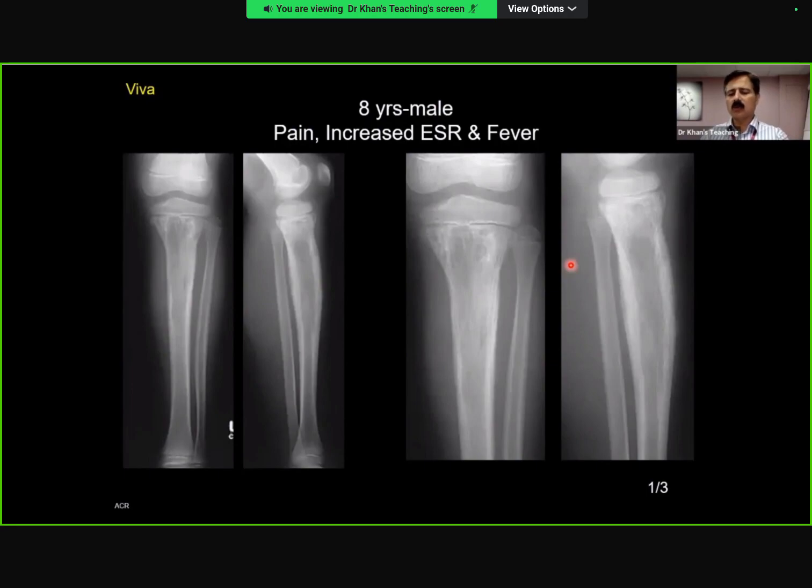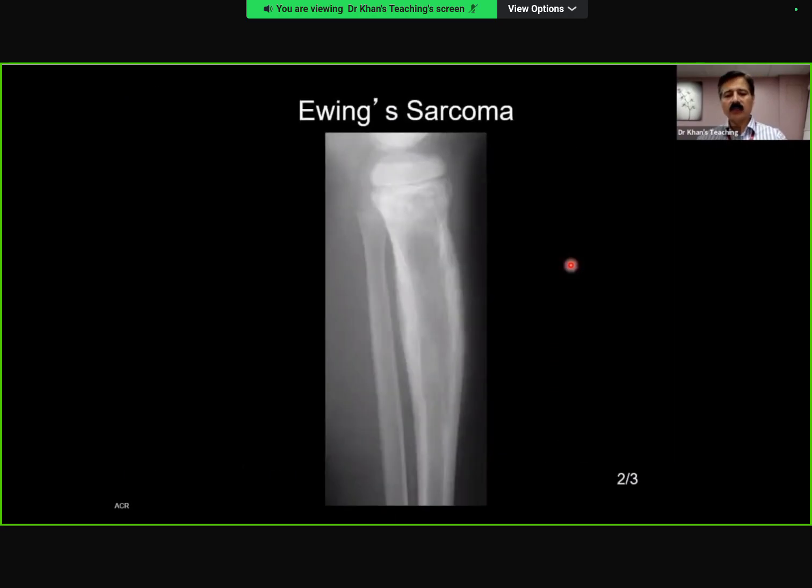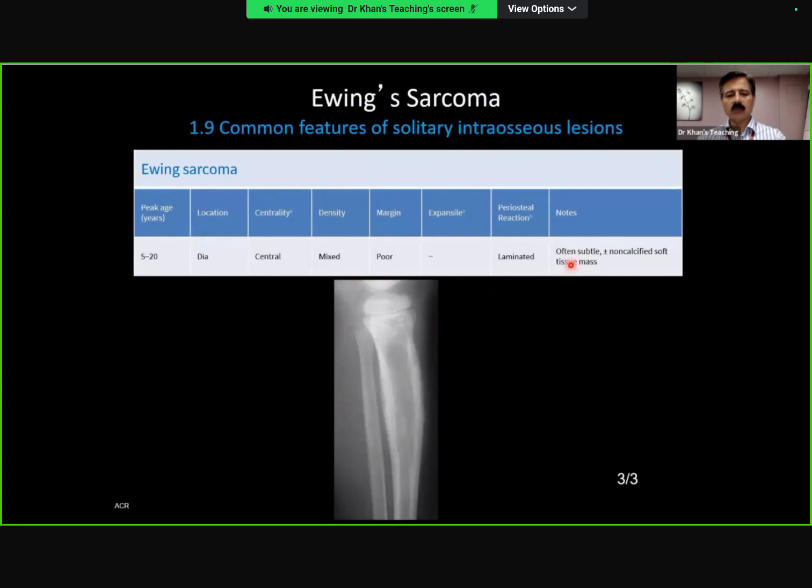And it's very common also, relatively speaking. Also remember, clinically speaking, Ewing's and osteomyelitis at times cannot be differentiated. The patient might have fever, raised CRP, ESR, and pain. So this was Ewing's, but the way you have tackled it is absolutely fine, and the differential is absolutely fine.